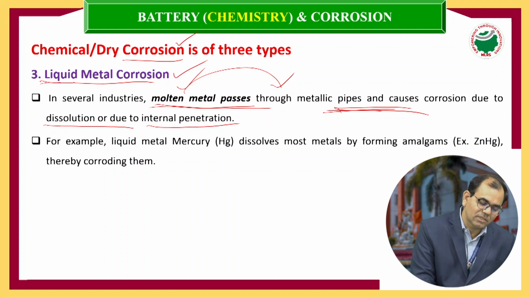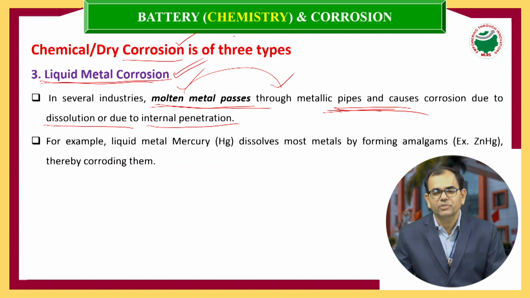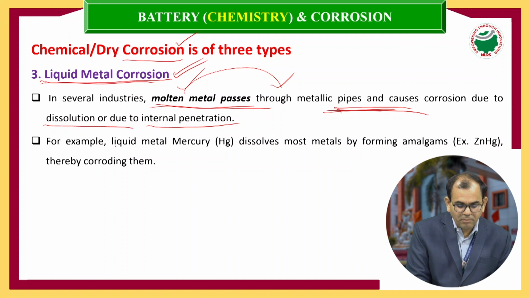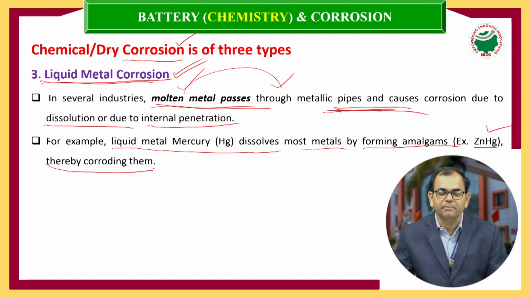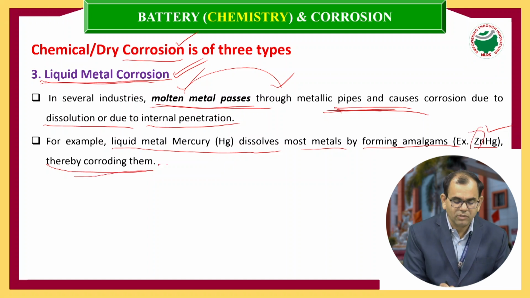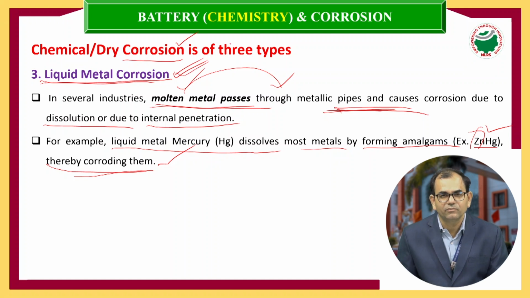That kind of damage is nothing but liquid metal corrosion. For example, liquid mercury dissolves most metals by forming amalgams, like zinc amalgam, thereby corroding them. The best example is mercury. Mercury is a liquid metal. When we pump it, it will be deposited on zinc pipes, and finally lead to corrosion. So this is liquid metal corrosion, which is a dry corrosion. Why? Because there is no direct oxygen or atmospheric moisture contact with the metal.